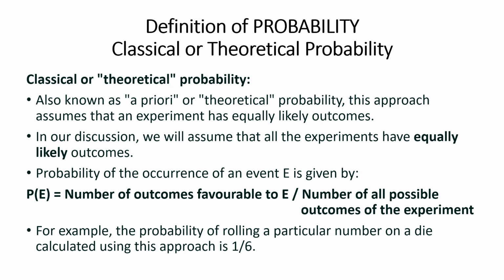Only one outcome, correct? And the total number of outcomes is 6: 1, 2, 3, 4, 5 or 6. So the probability of rolling a particular number on a die is 1 by 6. Probability of occurrence of 1 is 1 by 6. Similarly, the probability that 2 will occur is also 1 by 6, 3 will occur is also 1 by 6, and so on.